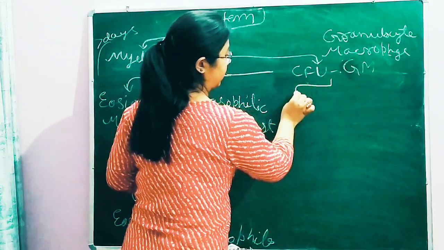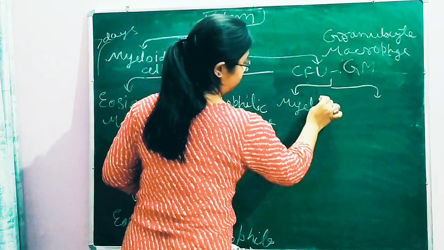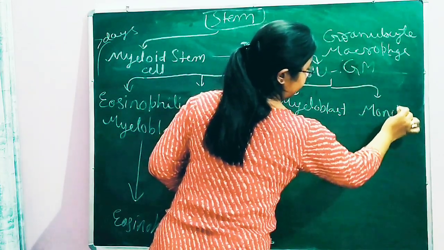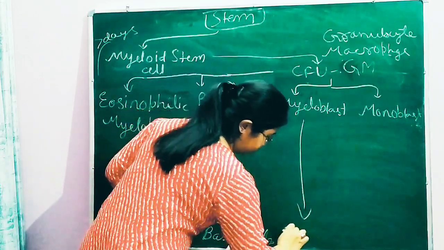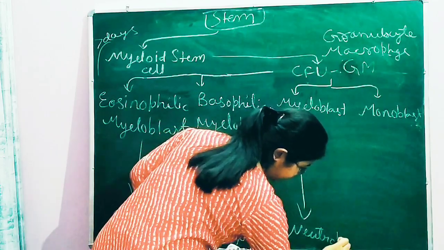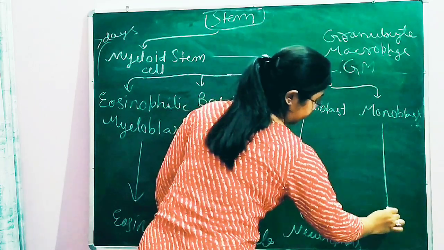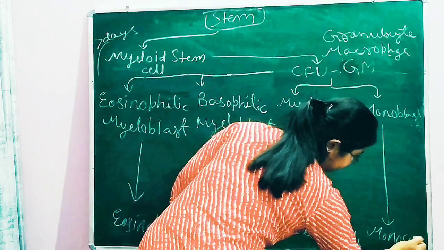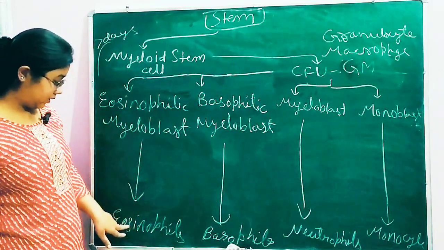Then it further divides into two, the myeloblast and the monoblast. The myeloblast converts into neutrophils, and the monoblast into monocyte.